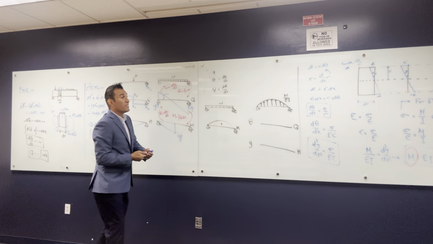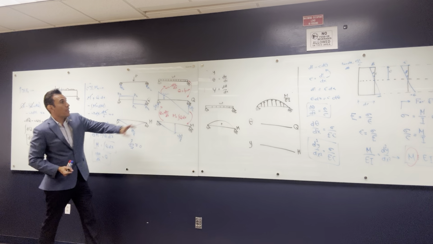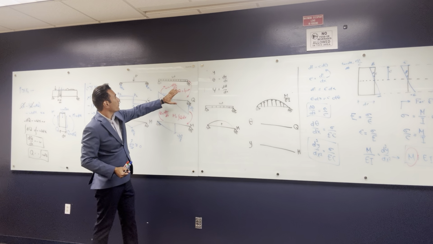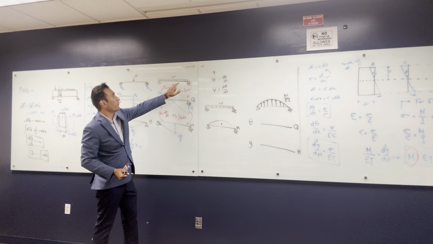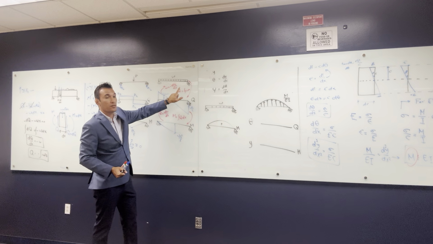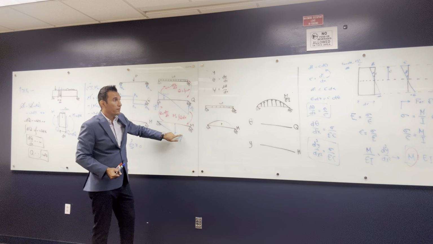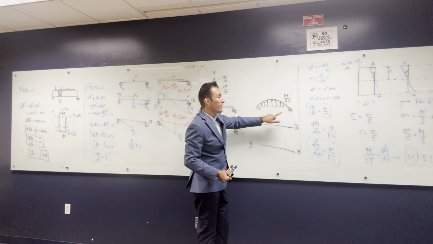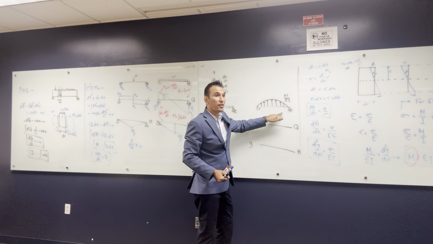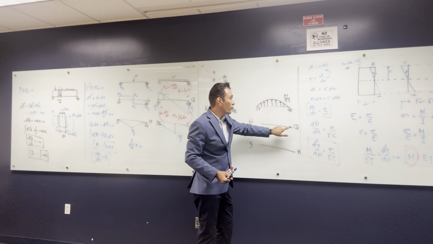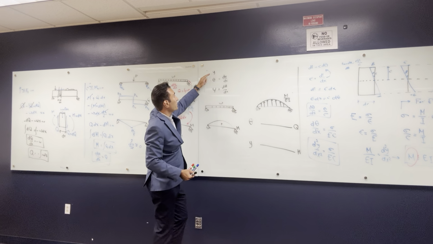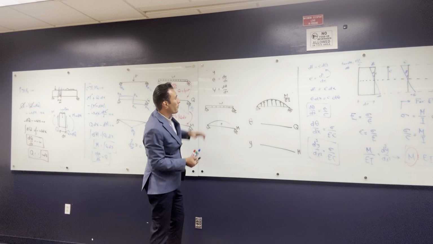How? We said that if we integrate the load one time, it's going to be shear, and one more time, it's going to be moment. Same thing, if you get the shear, that's the integration of the load. So the shear means that we integrated.